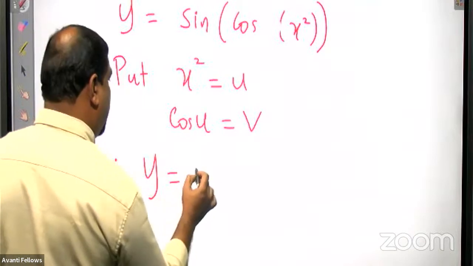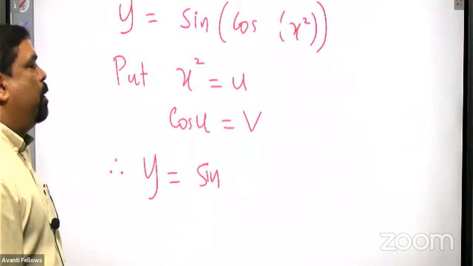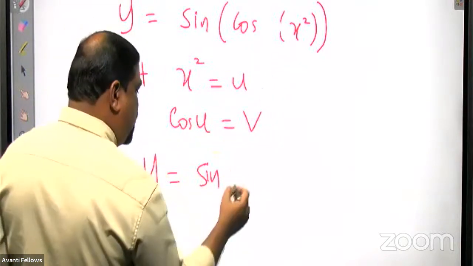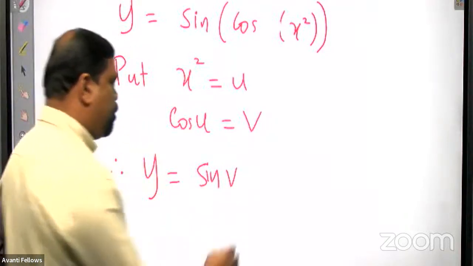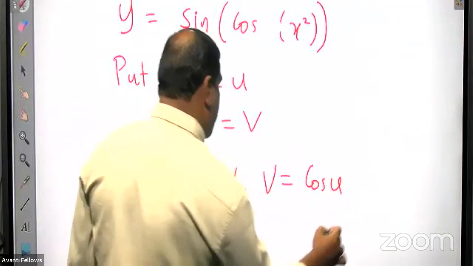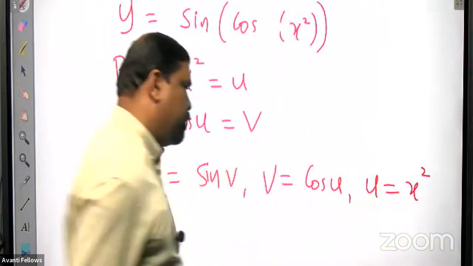Y is equal to sine of cos x square. Cos x square is actually v. Okay, y is equal to sine v. And what is v? V is equal to cos u. And what is u? U is equal to x square.